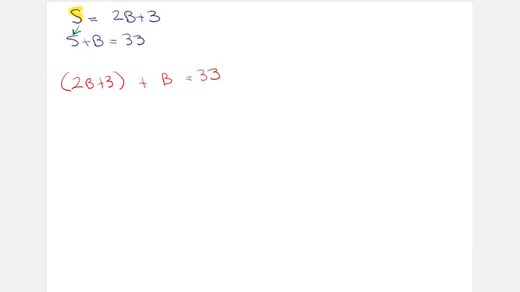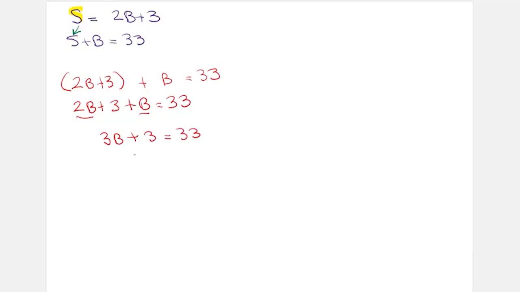Now I can solve this equation, right? I don't need to do anything to take these parentheses away. And now I combine like terms. So I have 2B plus B is equal to 3B plus 3 is equal to 33.